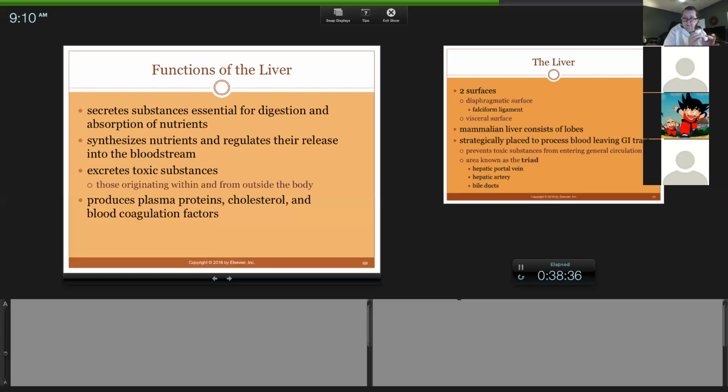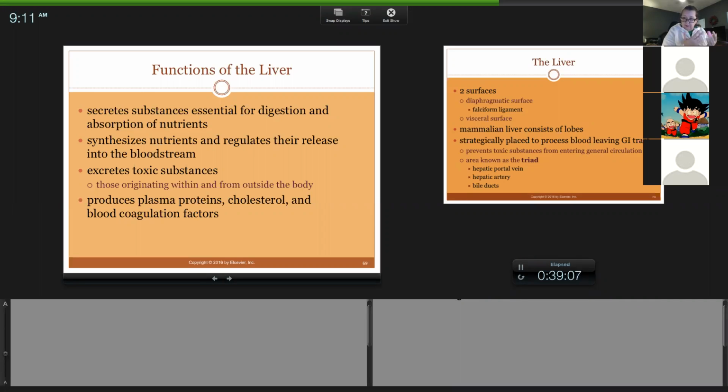If we're going to operate on the liver of an animal, and we saw dogs with liver cancer in oncology, the liver has lobes like the lungs. In a dog, you can take out a liver lobe. So if a dog has a tumor on a part of the liver, it can be removed through surgery, but there is no surgeon that I know that's going to cut into the liver without doing coagulation testing, because the liver is extremely bloody, and if they can't clot, that would be bad for the animal.